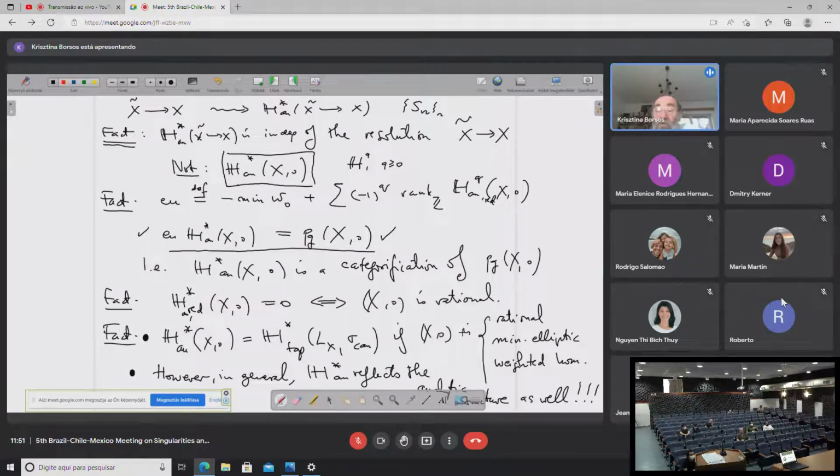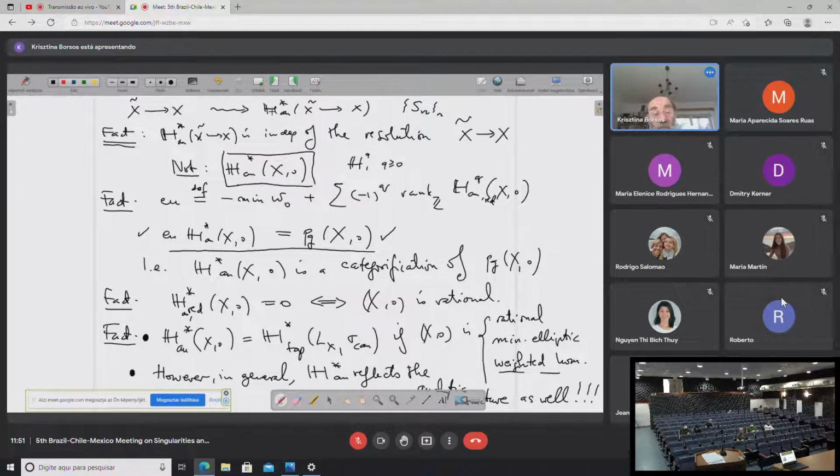And also the rational and minimal elliptic families can be characterized. This is a very new theorem. I don't say that we have many computations, but some of them we computed, for weighted homogeneous ones. So it looks like a good theory.